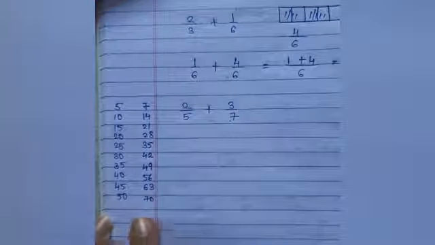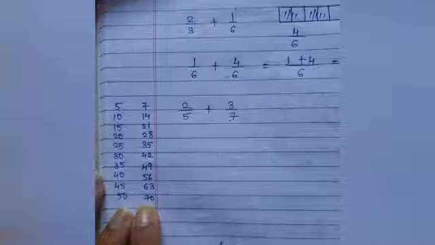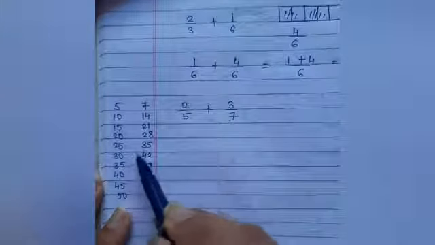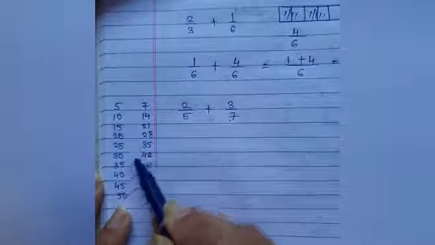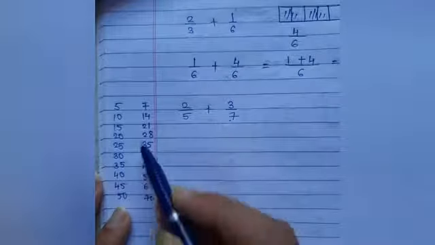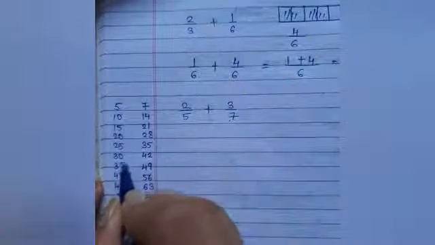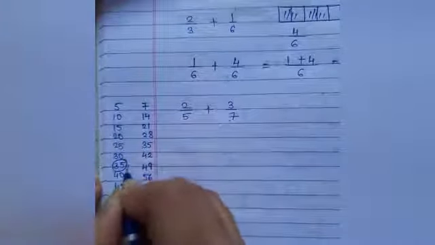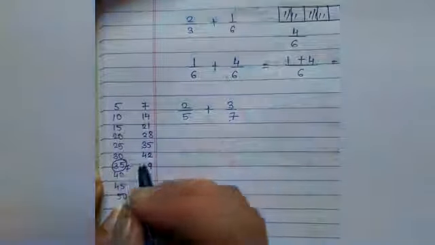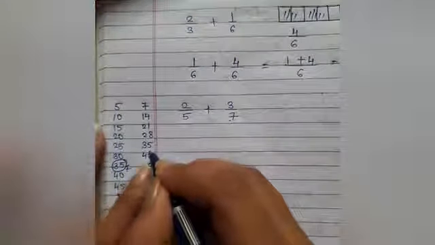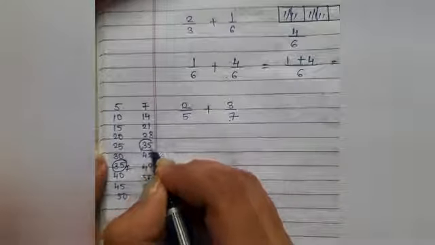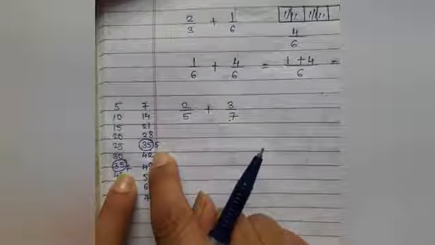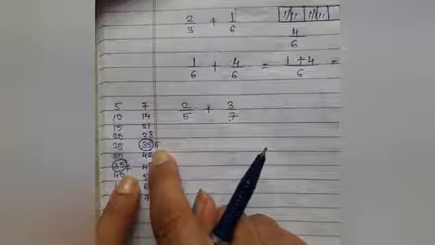Now observing these two tables, we see that the number 35 appears in both the tables. In the table of 5, 35 appears at the place of 7, whereas in the table of 7, 35 appears at the place of 5. So we are going to use these two numbers 7 and 5.